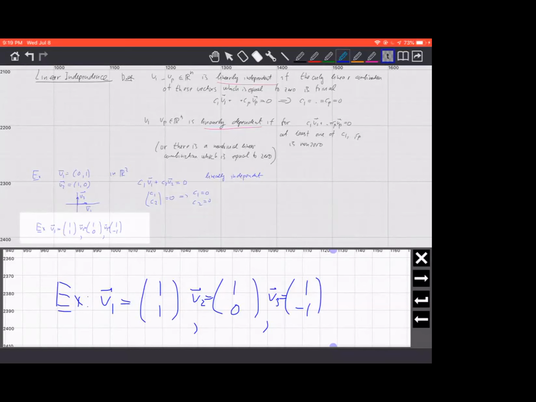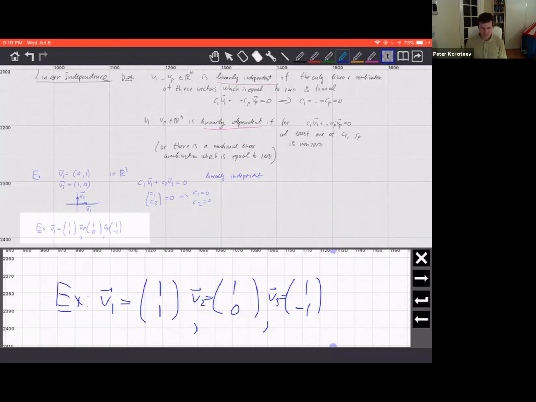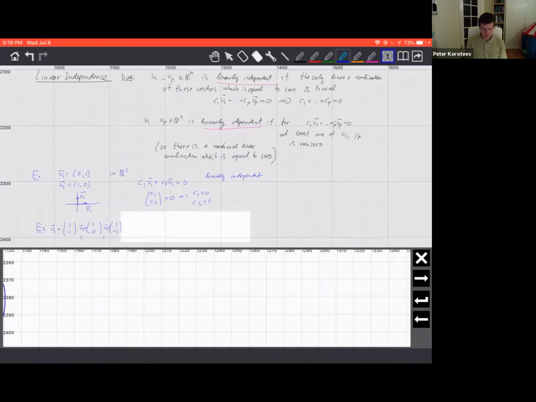So how this works is C1 times V1 plus C2 times V2 plus C3 times V3. To answer the question, you need to show if there is a non-trivial linear combination which equals zero.